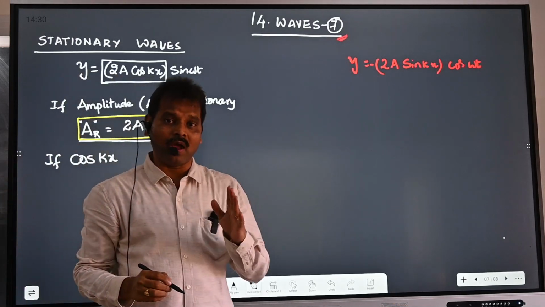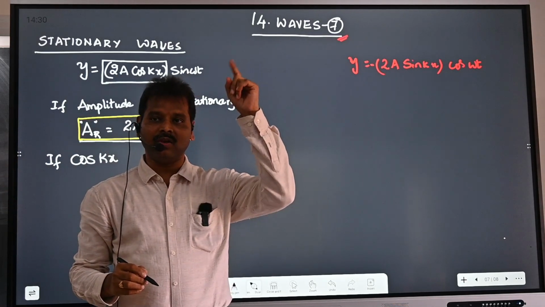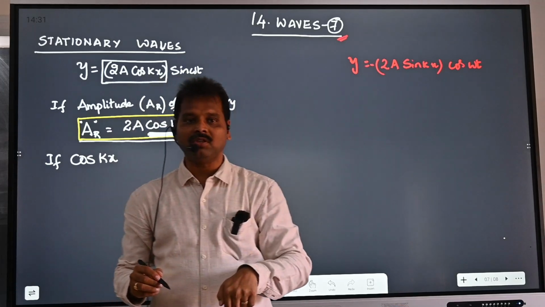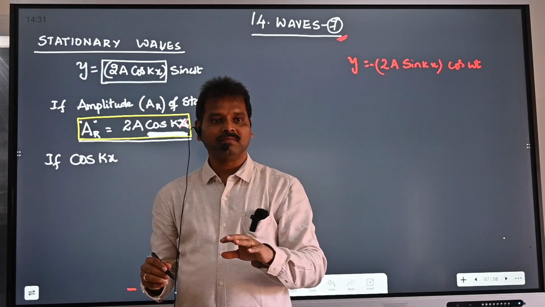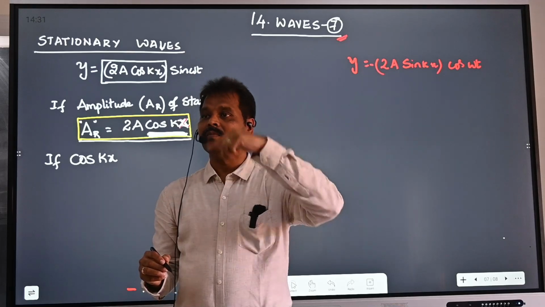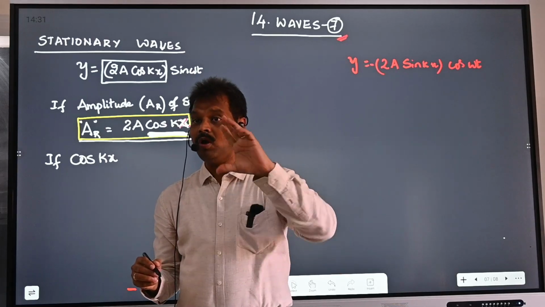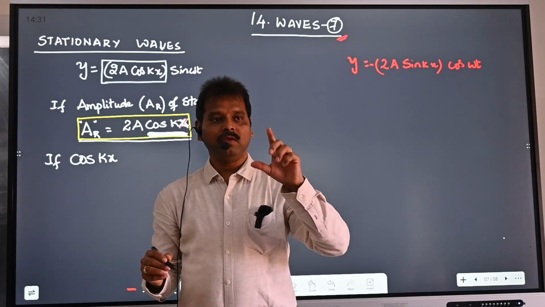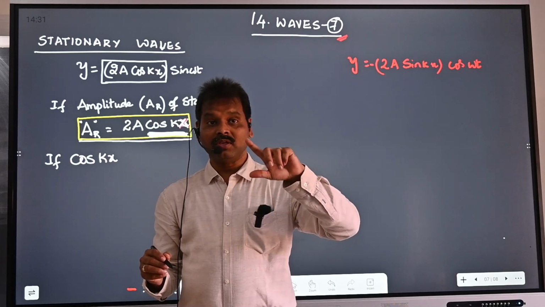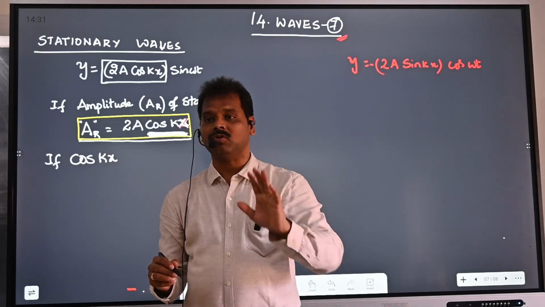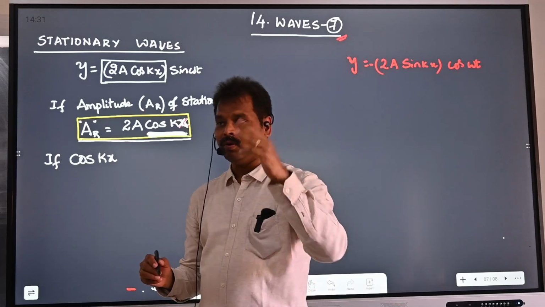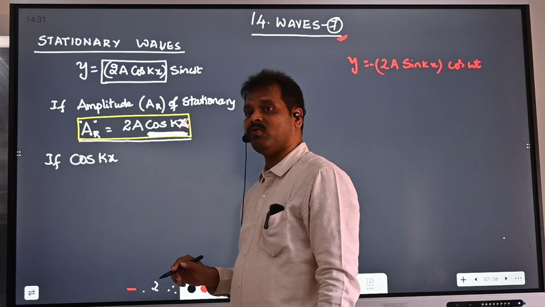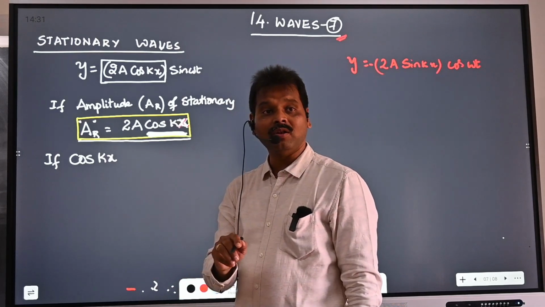What is the maximum value of sin theta? 1. The minimum value is minus 1. If you take the magnitude, it is plus a and minus a. But if you take maximum and minimum without sign, sin has maximum value 1, minimum value 0. Here similarly cos has maximum value 1, minimum value 0.